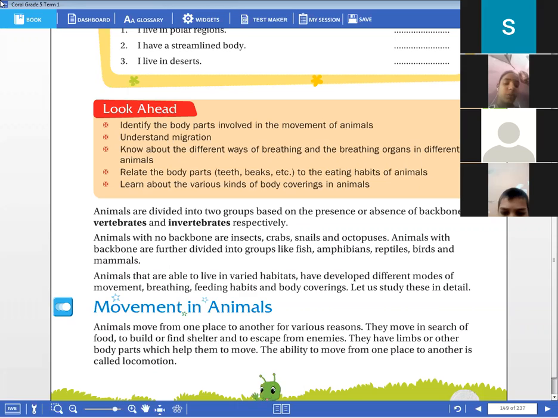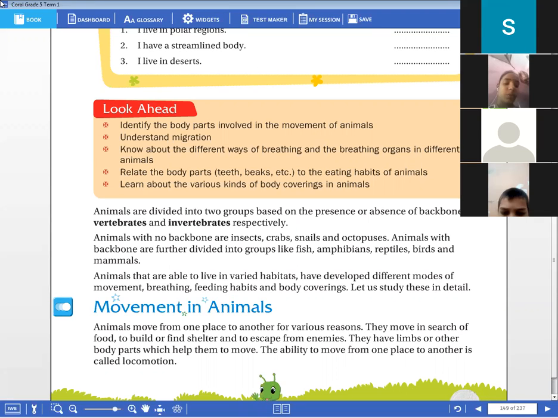And birds. Birds also have a backbone. Yes or no? Next, mammals. Mammals are those which feed their babies with milk.